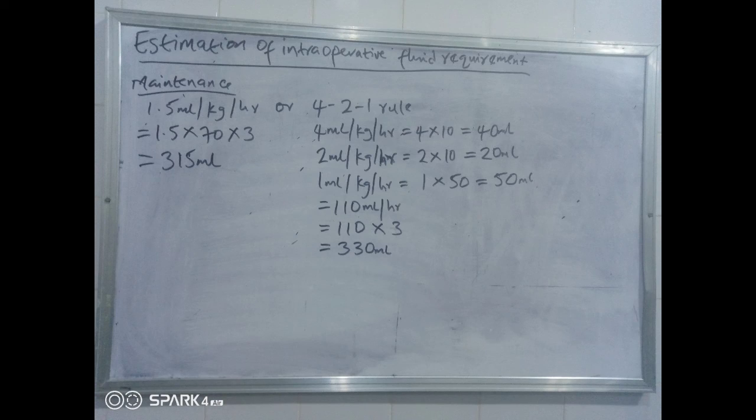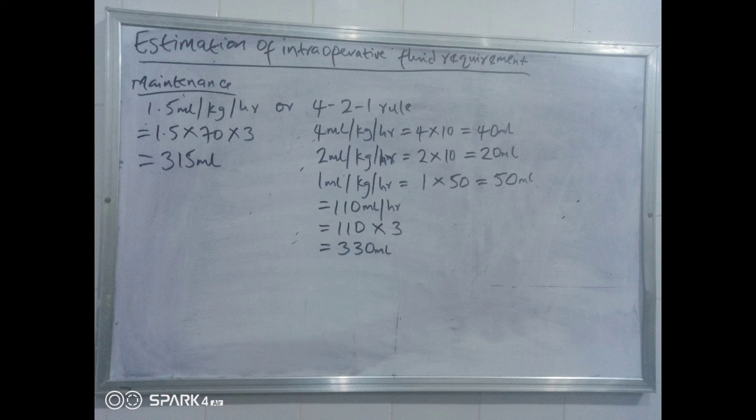Now for the calculation of maintenance, let's take it that we have a 70 kg man who is billed for a 3-hour surgery. Using both formulas, the 1.5 ml per kg per hour formula and the 4-2-1 rule. For the 1.5 ml per kg per hour formula, we'll multiply 1.5 times 70 times 3, which will give us 315 ml.